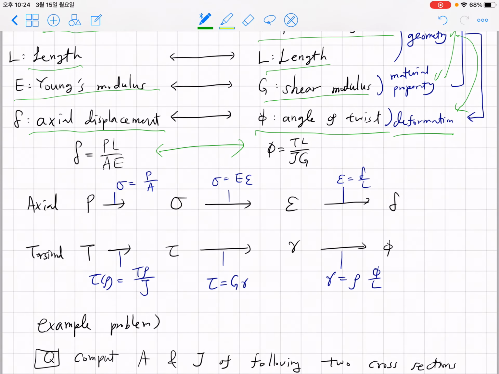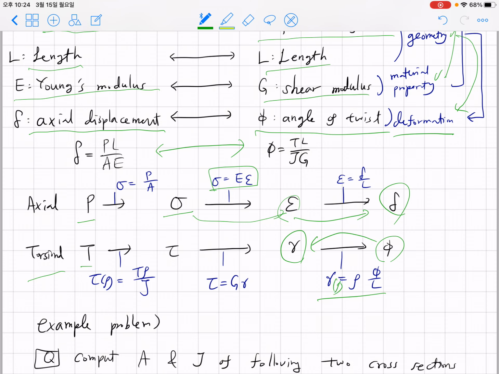If we think about our thought process in axial loading, starting from force, we make an equation for stress, and from stress we make a connection to strain using the normal stress-normal strain relationship, and from strain we can obtain the displacement delta. For torsional loading T, here we went in the opposite direction. Starting from the twist angle, we obtain gamma as a function of rho, purely from, I think, middle school geometry and very simple kinematics.